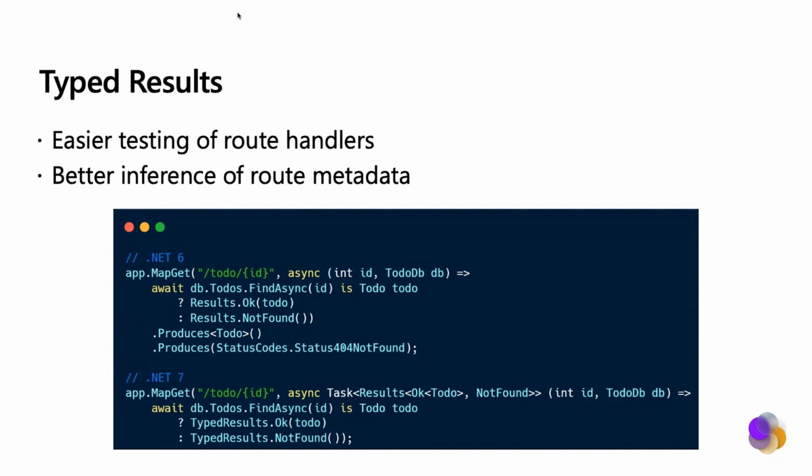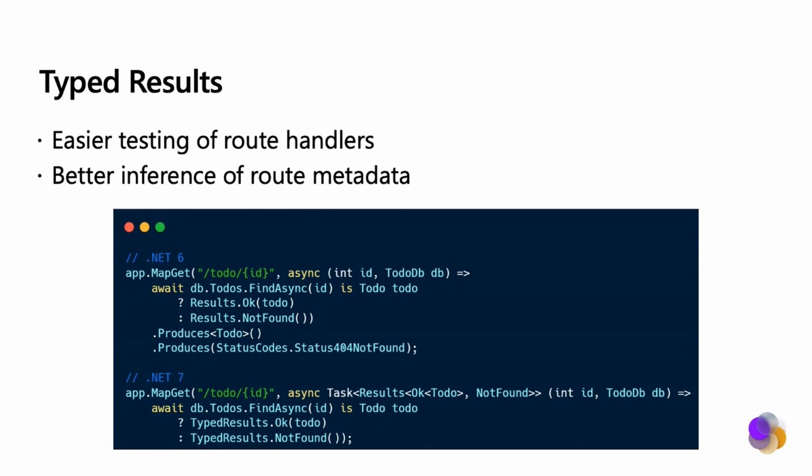But that doesn't mean we're giving up on using the type system to figure out what you're returning to begin with. Because Results methods, so you see in the top example, Results.Ok and Results.NotFound, return IResult, which is an interface without any real members. It's hard, or should I say impossible, in .NET 6 to determine at startup, when we need to, what status codes that top method might return, unless we add it by doing something like Produces status code 404 not found.